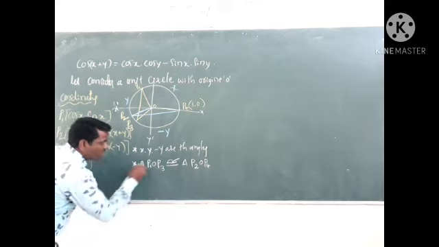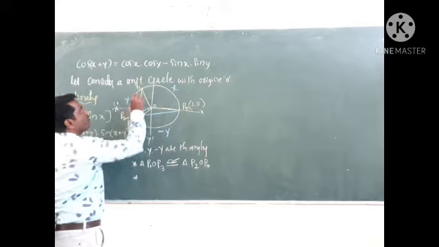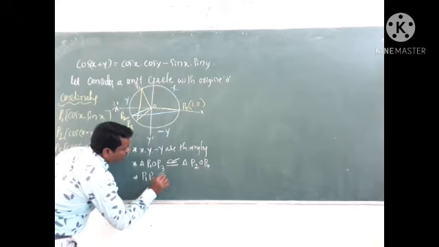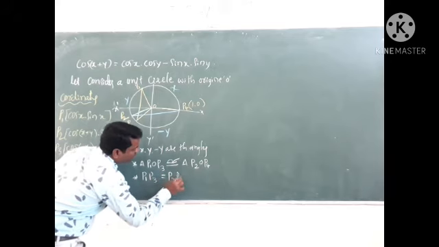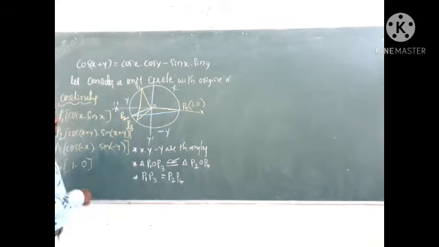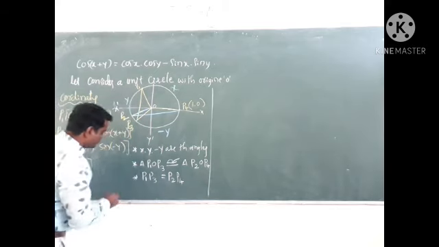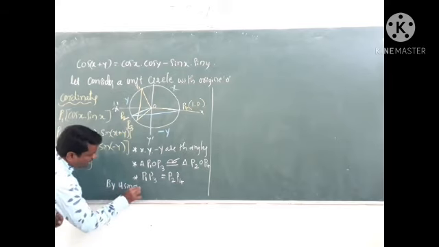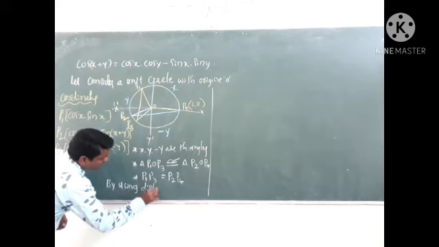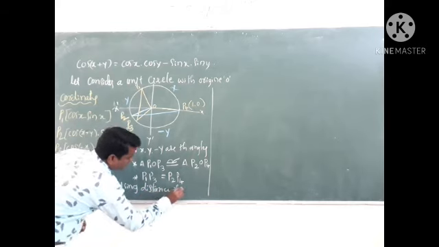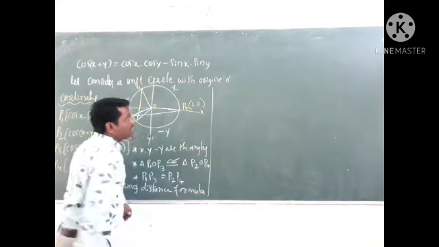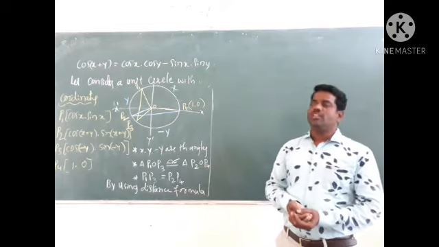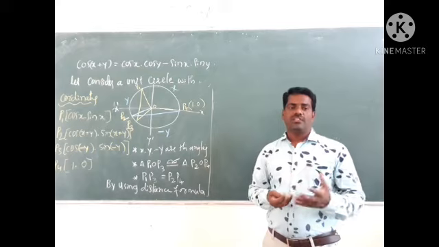Now, when these 2 are congruent, the line P1 P3 is equal to P2 P4. These 2 are equal by using the distance formula. We know the distance formula is used for finding the distance between any 2 points.